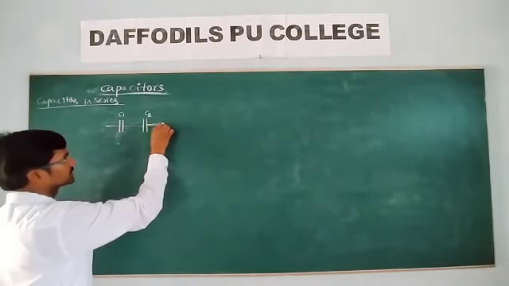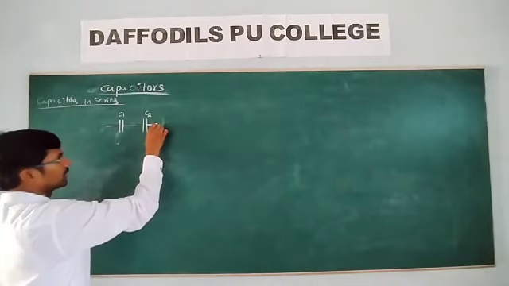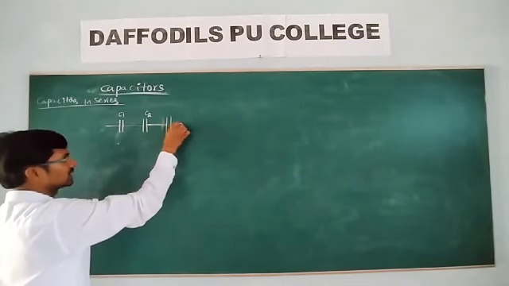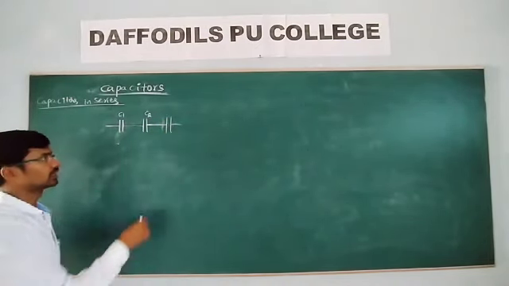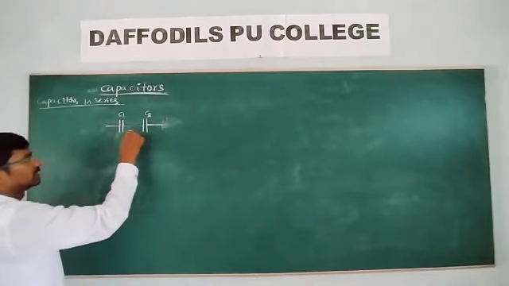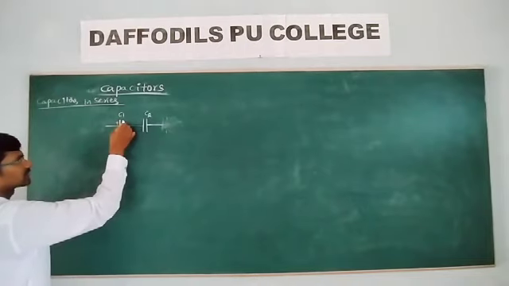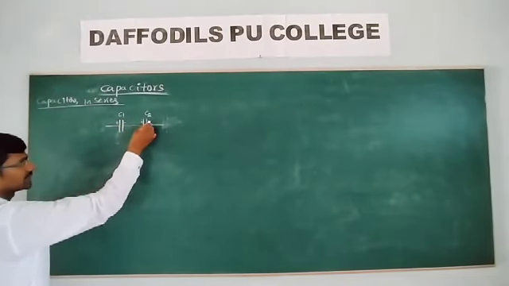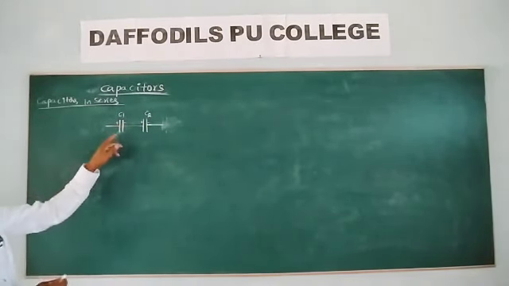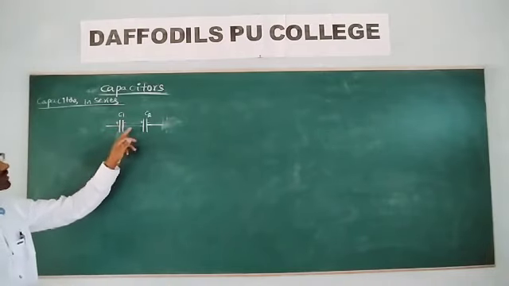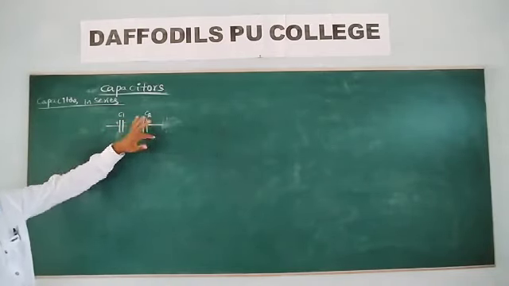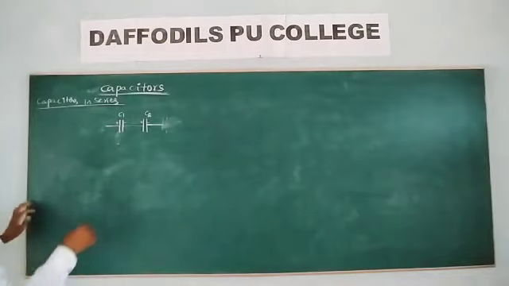Let me take only two capacitors here. If these two capacitors are connected in series, the plus and minus terminals, first terminal, second terminal, are connected one after another like that.